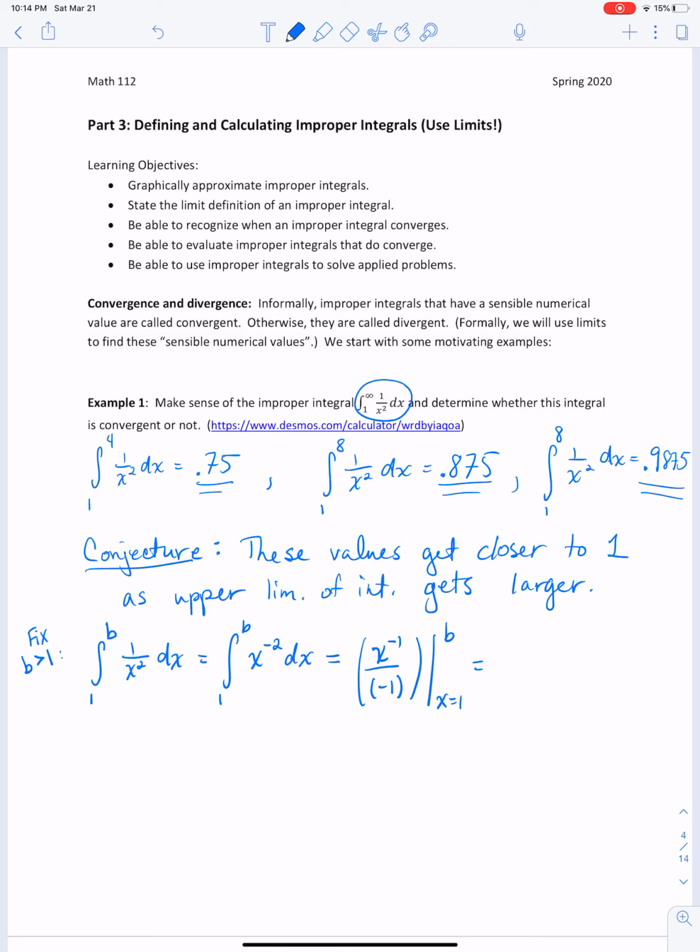So plugging in here, we have negative 1 over b plus 1, or in other words, 1 minus 1 over b.